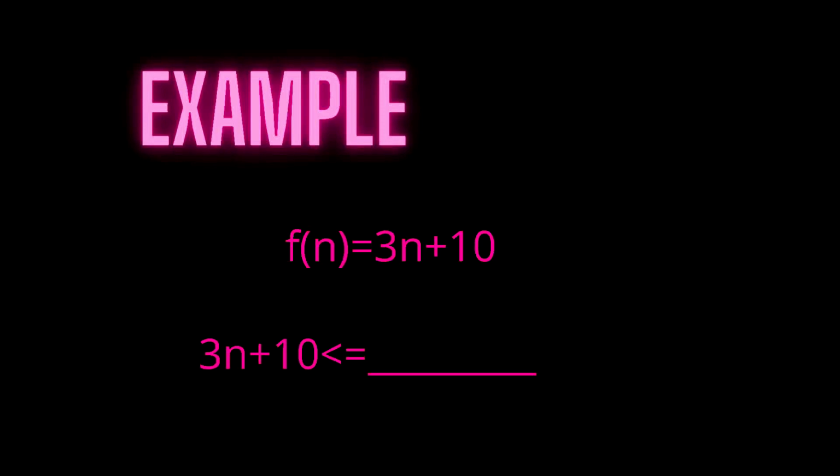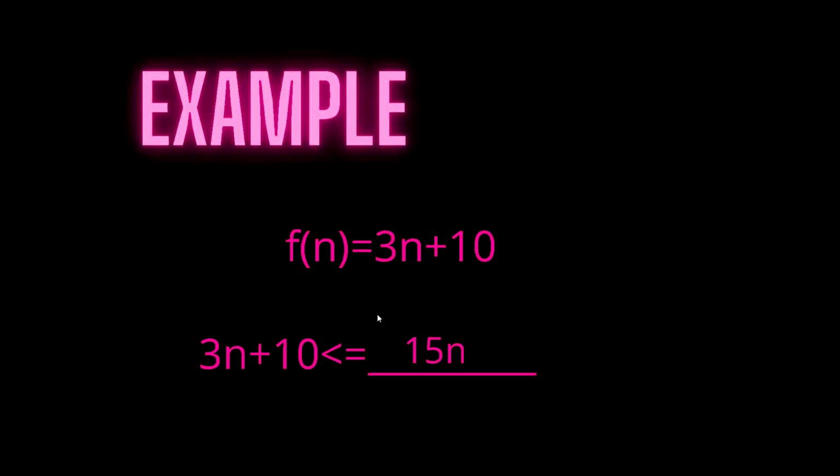What I'm telling you to do is, you are supposed to write something in this particular blank such that that particular value is greater than or equal to this particular function. Whatever you write in this blank should be greater than or equal to this particular thing. Let's say I wrote 15n over there.